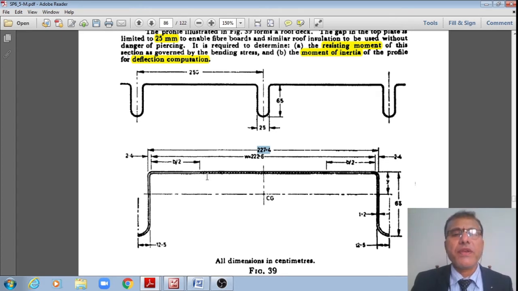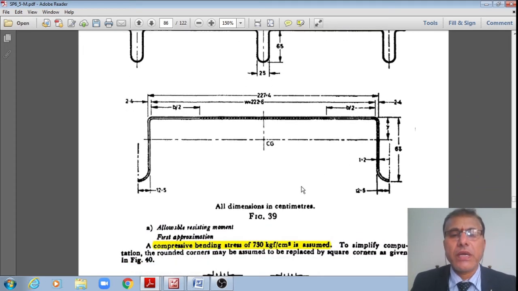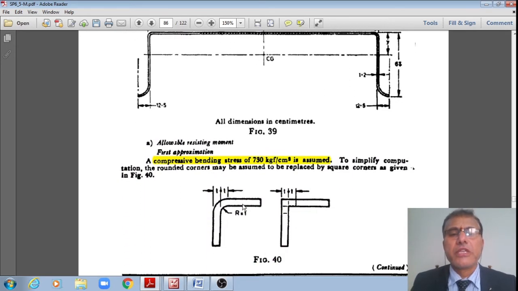If at all it is ineffective, that will be shown in dotted color in the central portion. The remaining b by 2 is only effective on either side of this portion. The dotted portion indicates that it has totally yielded. All the fibers are yielded, and they cannot take any stresses further because of their small thicknesses.